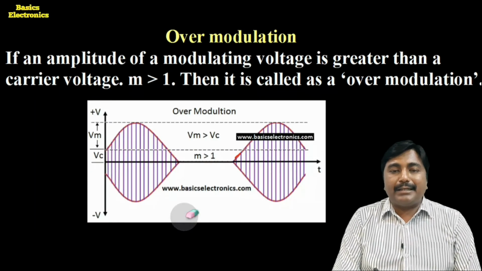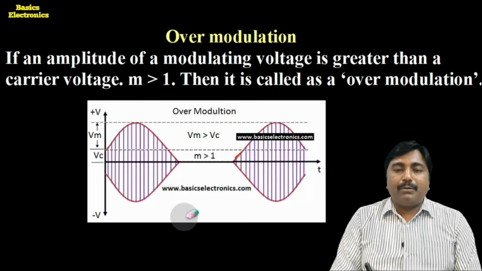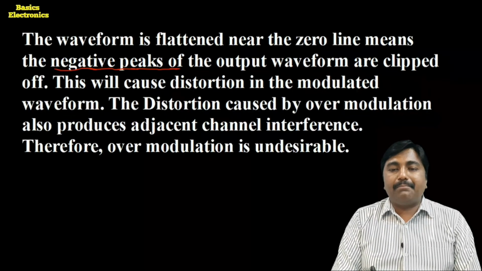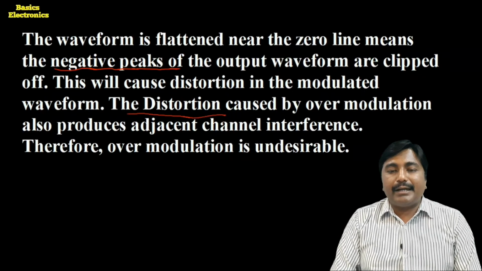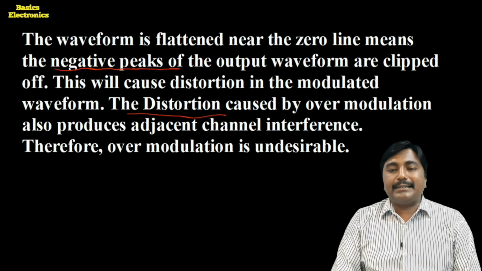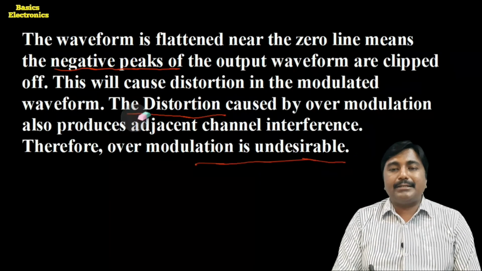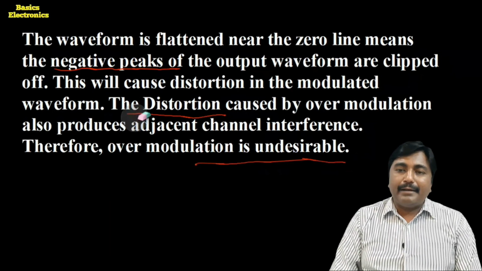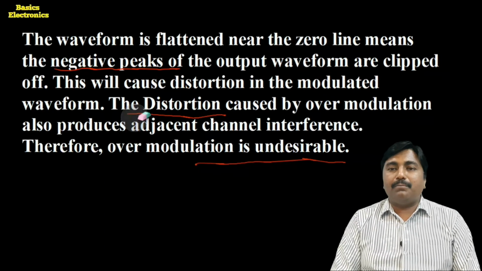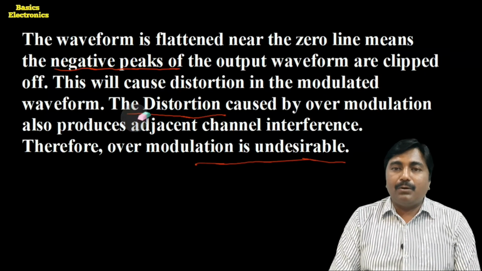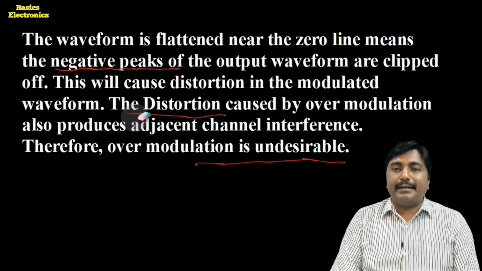Here the negative peaks get clipped, so it produces a distorted output, which is undesirable. A distorted output means a lack of information, and more noise is available in that signal.